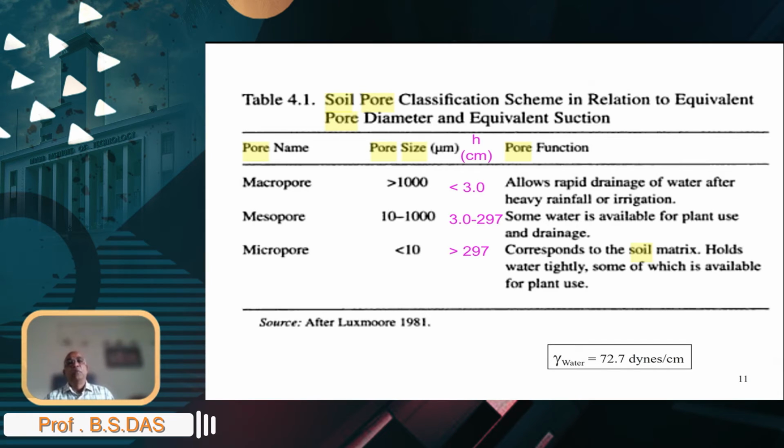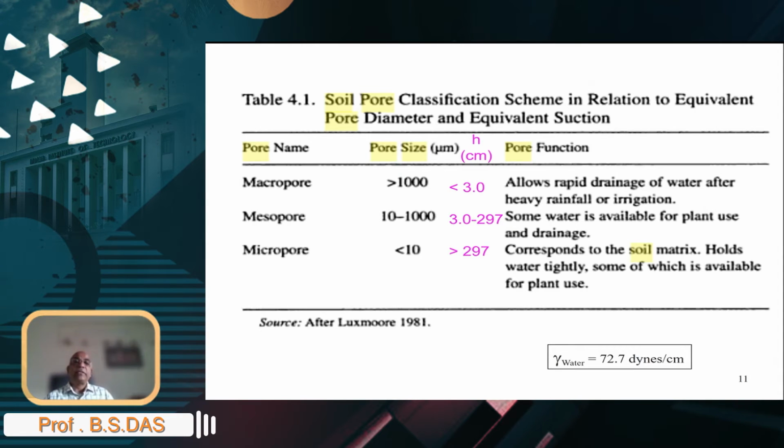to almost 300 centimeters when your pores are micropores. We're talking about a height of 3 meters. The water can rise above the free water surface if the pore sizes are less than 10 micron in size.